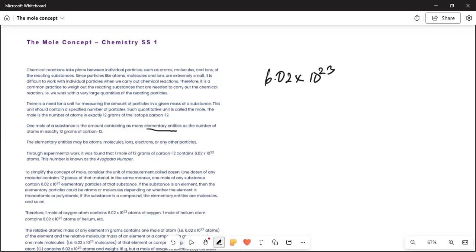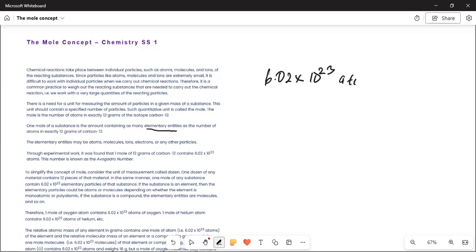And this number is given a special name called the Avogadro number or the Avogadro constant. That is, one mole of carbon 12 is also the same thing as 12 grams of carbon 12. So carbon is monoatomic, and one mole of carbon 12, equivalent to 12 grams of carbon 12, contains 6.02 times 10 to the power of 23 atoms.